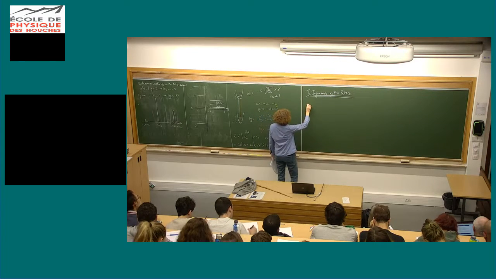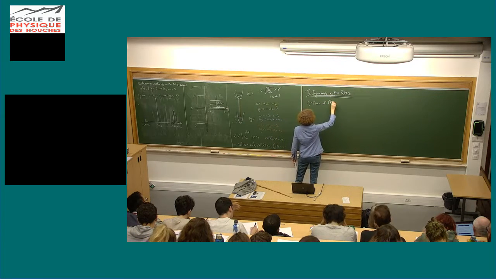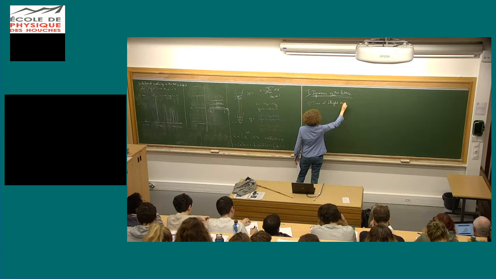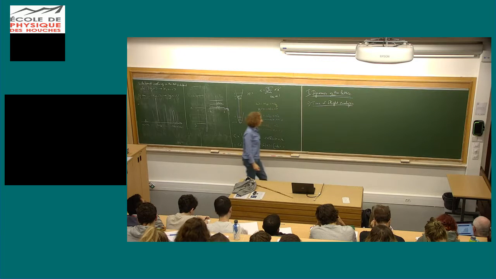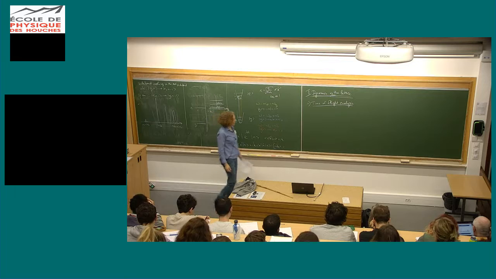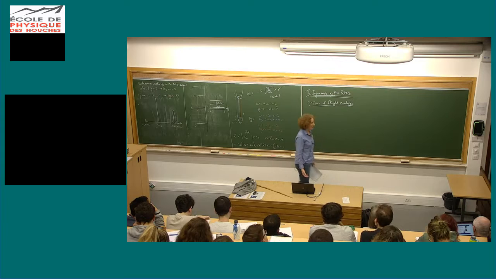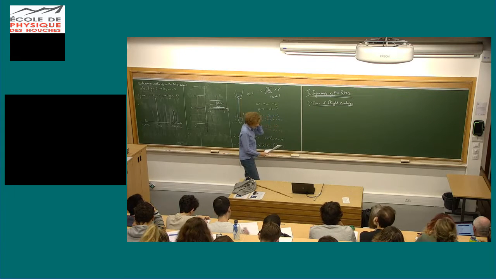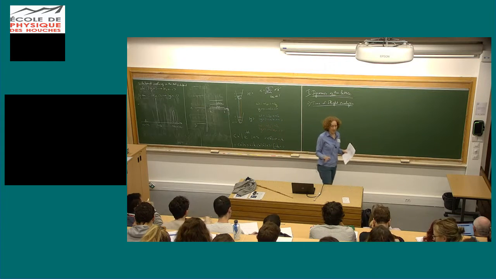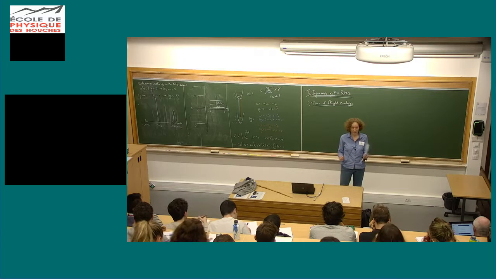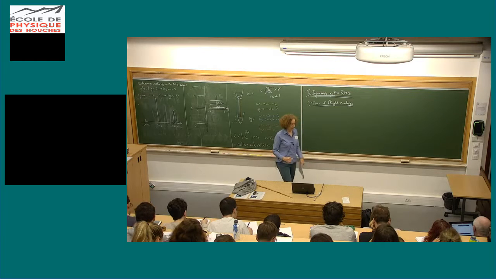And the first important point we will look at is the time of flight analysis, which is a very important way to get information on the states of the atoms in the lattice. So the time of flight analysis is the same thing that Philippe described. You switch off everything and you look at the position distribution after a long time.